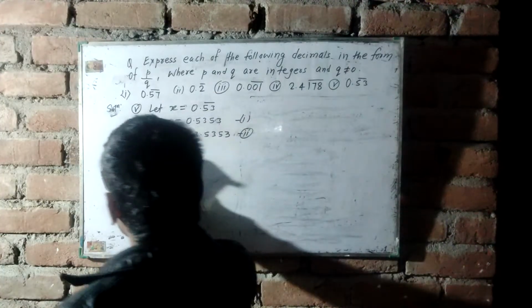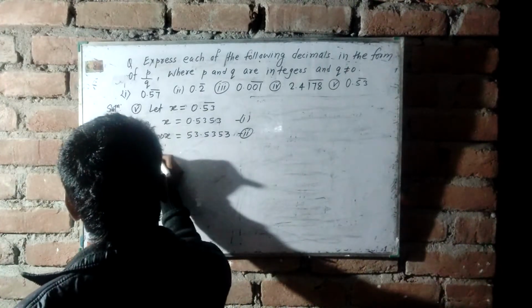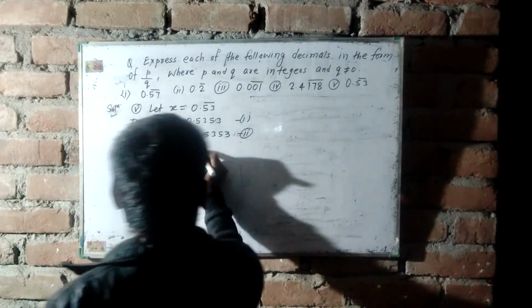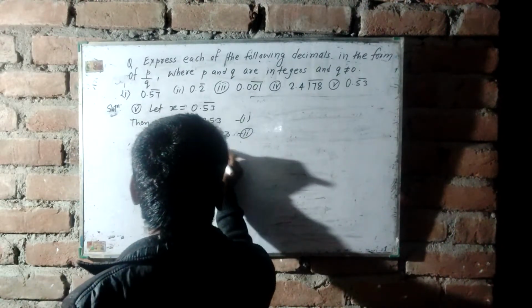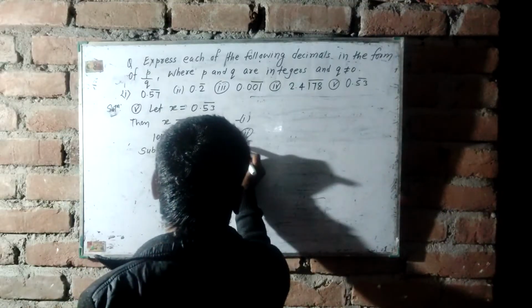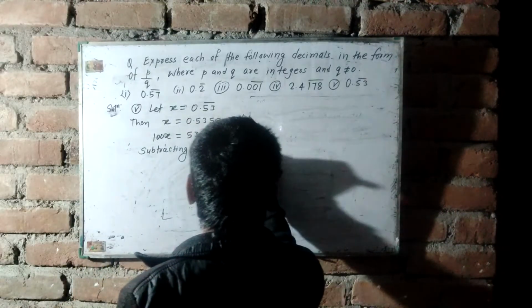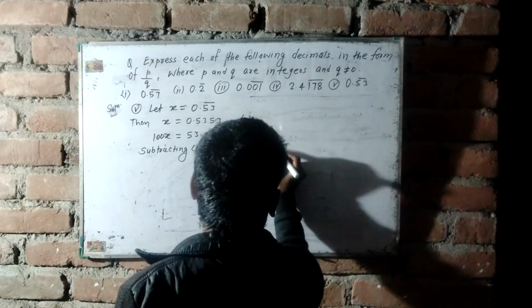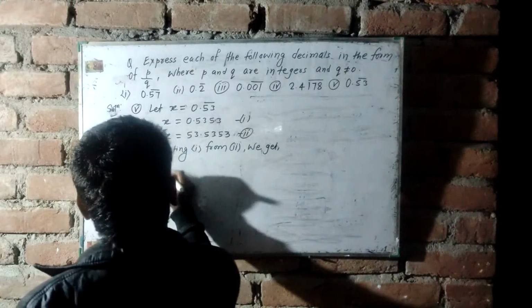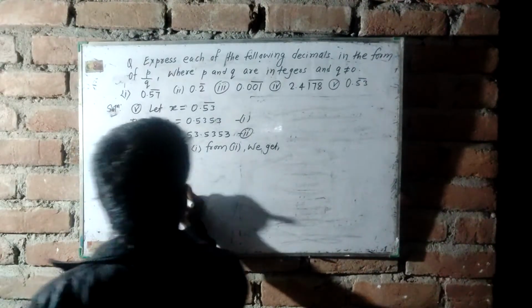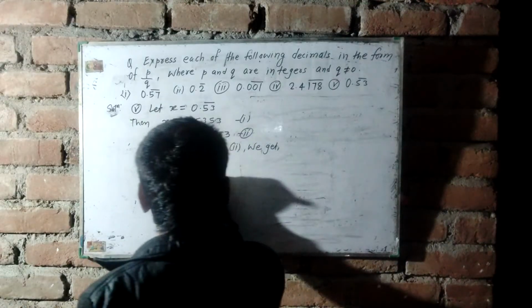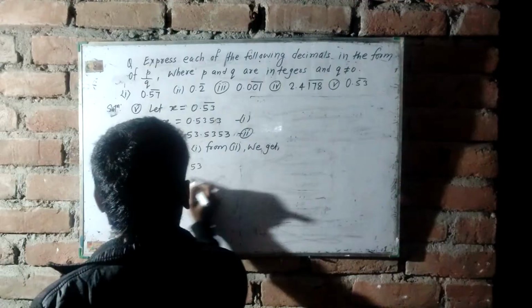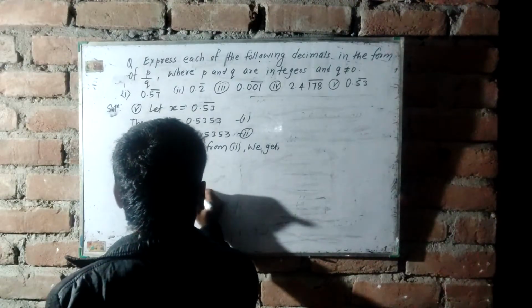Now subtracting equation first from equation second, we get 99x is equal to 53. This implies that x is equal to 53 upon 99.